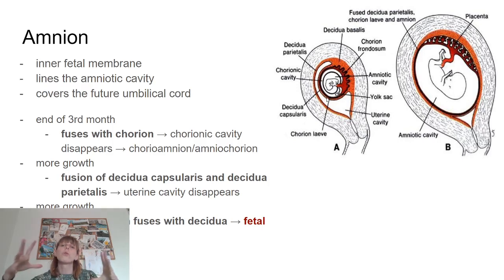And it grows, the embryo with the amniotic cavity and everything, until it reaches these sides of the uterus, where we have, because we already talked about this, the decidua parietalis. And at this point, the decidua capsularis, so this one, and decidua parietalis will fuse as well.